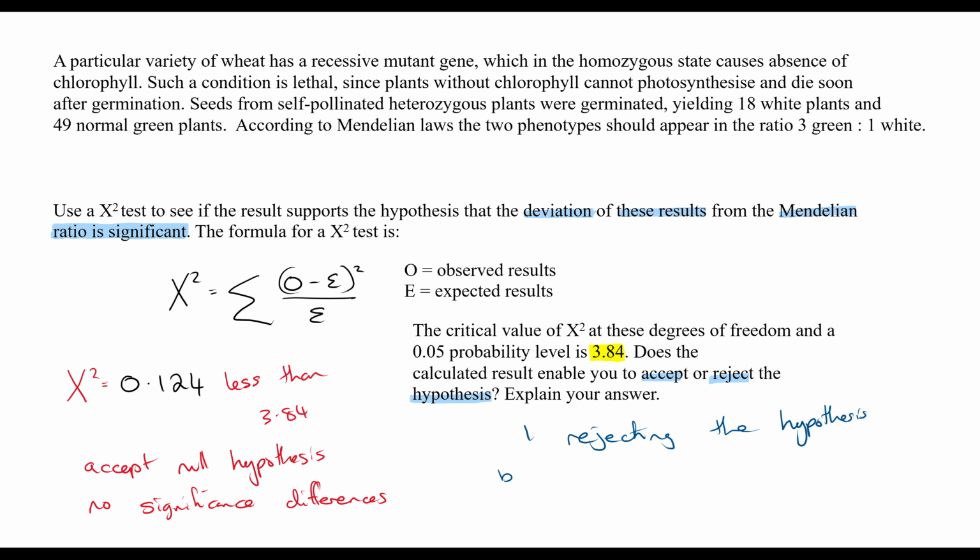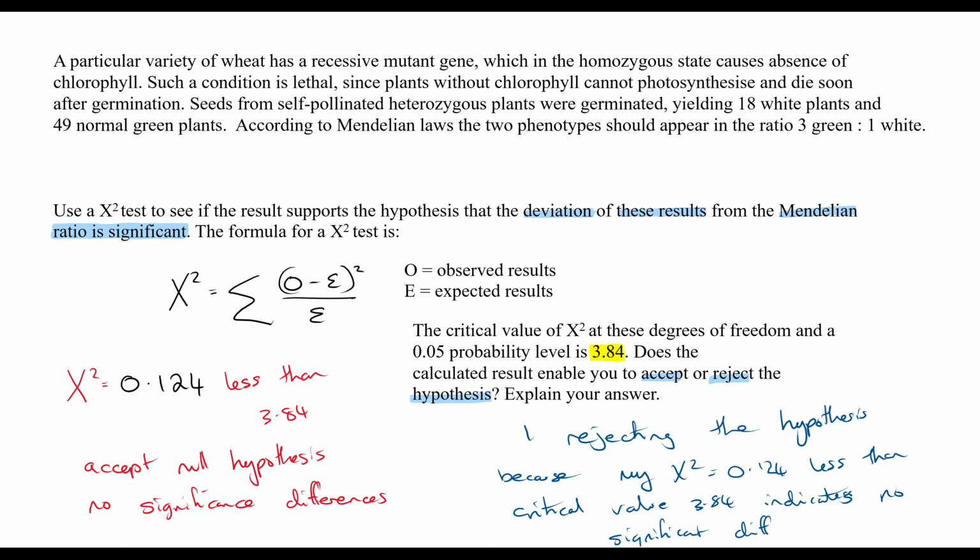because my chi-squared value of 0.124 is less than the critical value of 3.84, which indicates there is no significant difference.